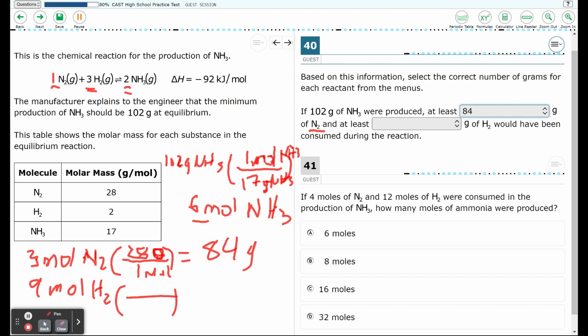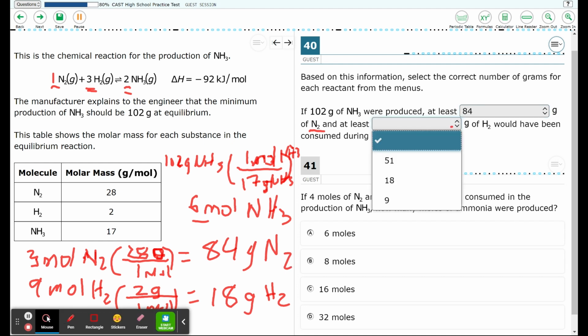And we know hydrogen has a mass of 2 grams for 1 mole. And so we get 9 times 2 is 18 grams of hydrogen. This was nitrogen. And we can come up here once I get out of pen mode and select 18 grams of hydrogen would be necessary.